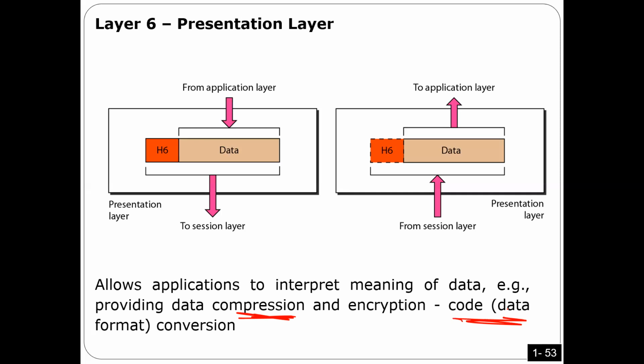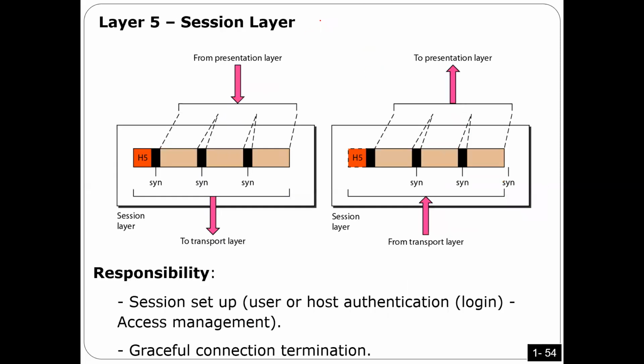But again, in TCP/IP you can still do the same thing by putting it in the application layer. After you get data from the user, you can do the compression, all of that, in the application layer. The next layer, the session layer, is the same. This layer is canceled in TCP/IP, but be careful. When I say canceled, it doesn't mean I don't need it.